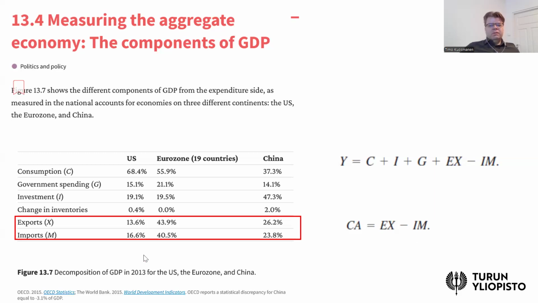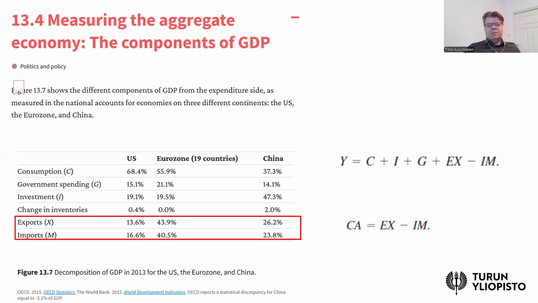Notice that if you add up these percentages, they do not add up to 100% unless you take the minus sign for these imports. I have highlighted with this red box these components of the current account. So this is just the exports minus imports.